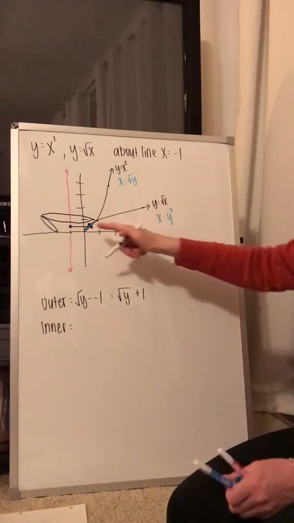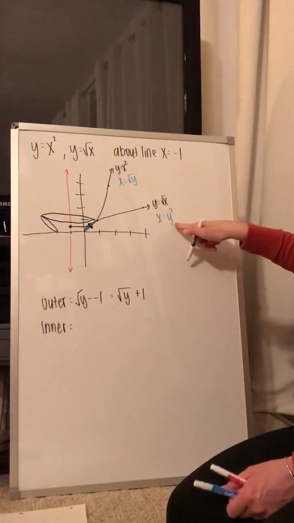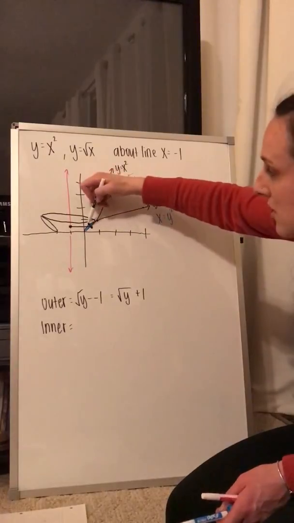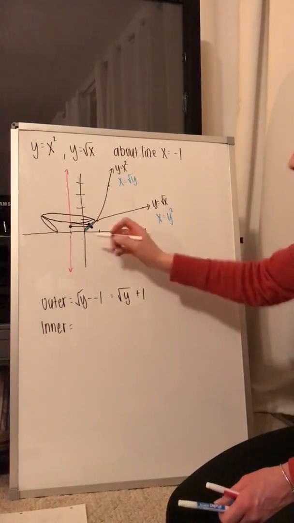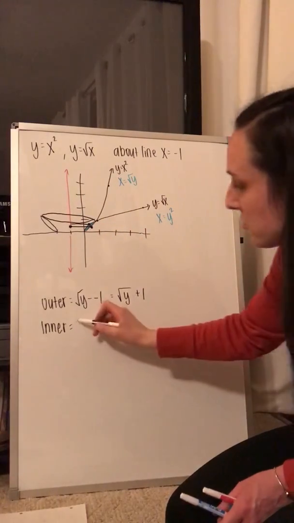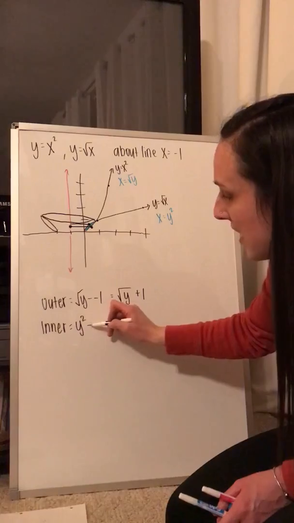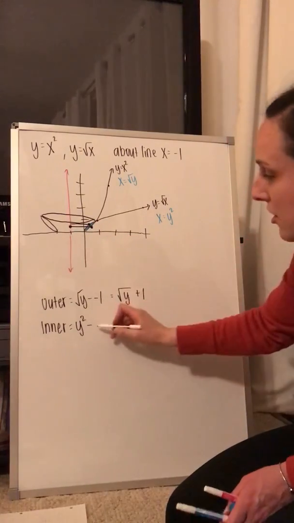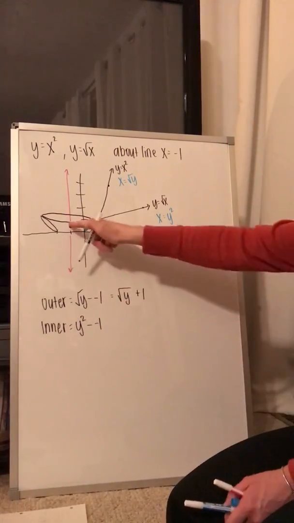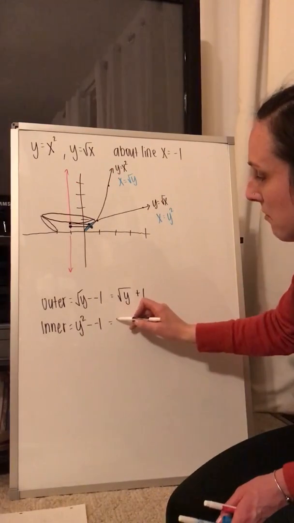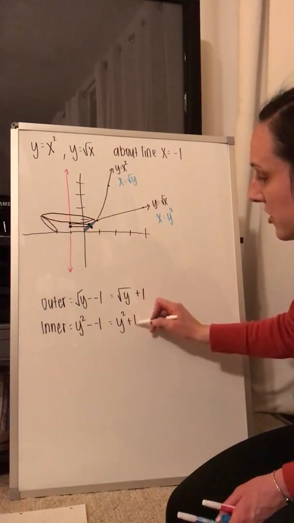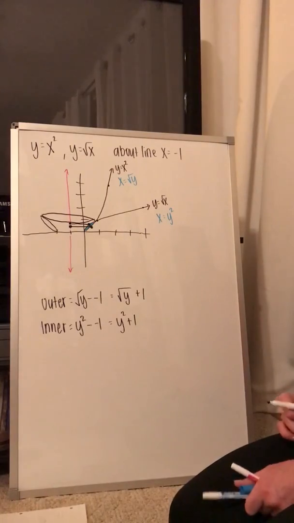And if I extend that to my axis of rotation, I'm going to take y squared and subtract the inner of -1, because the inner is our axis of rotation here at -1. So if I clean that out, my inner radius would actually be y squared plus 1.